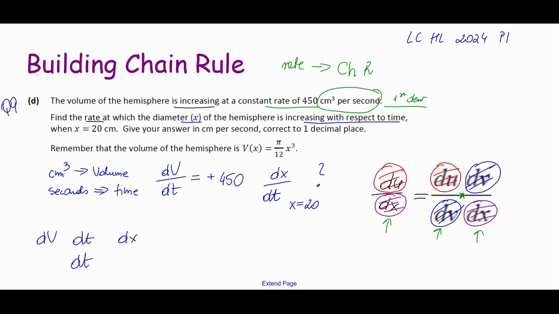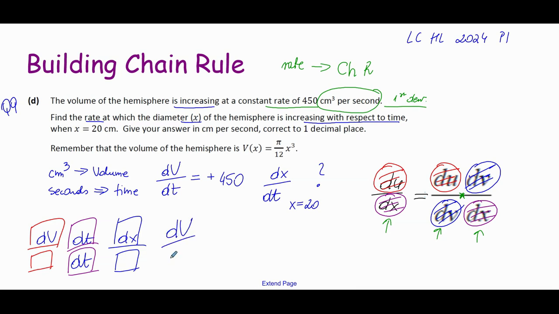If I'm looking again at blocks, where each should appear twice of each color, I can see straight away which blocks I am missing. I am missing dV and dx. So volume and x, the diameter. And here they are reminding us of the volume of a hemisphere.